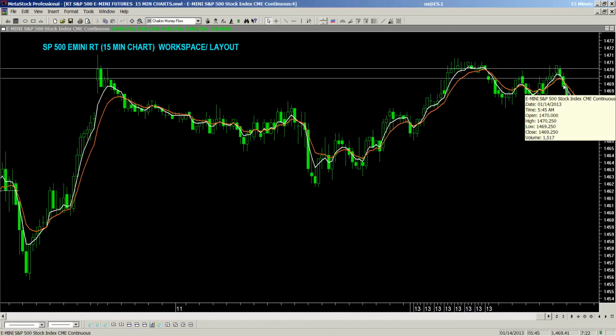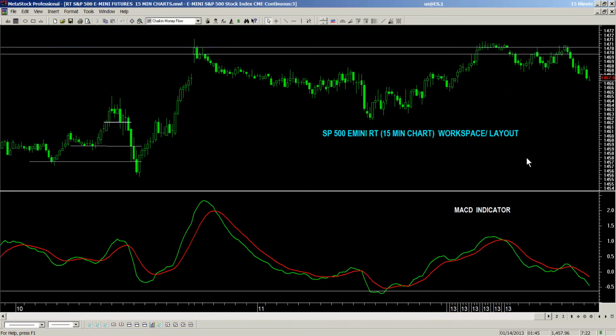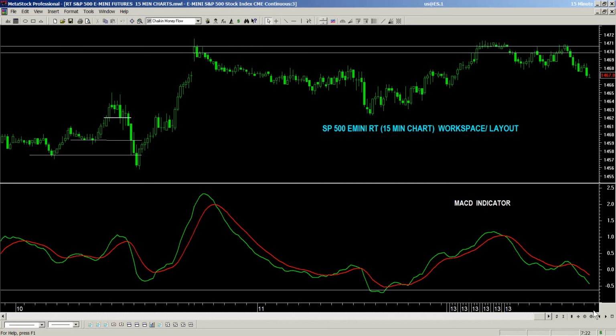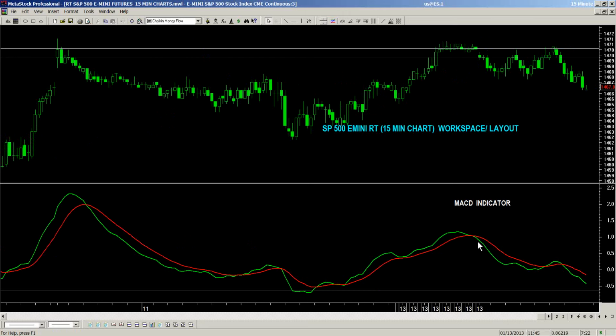EMA cross back here at the 5:45 a.m. bar. MACD as well.